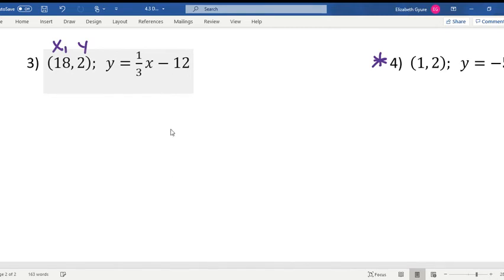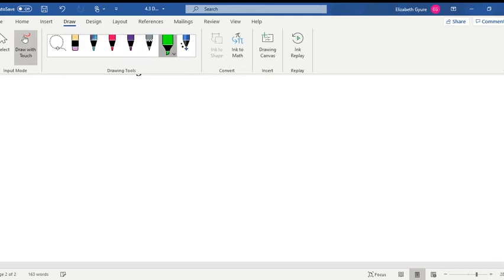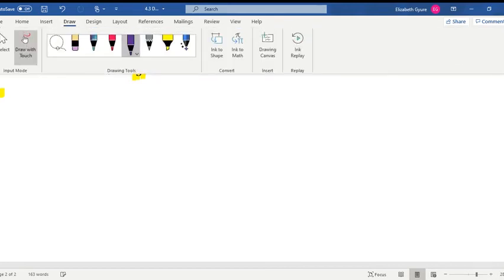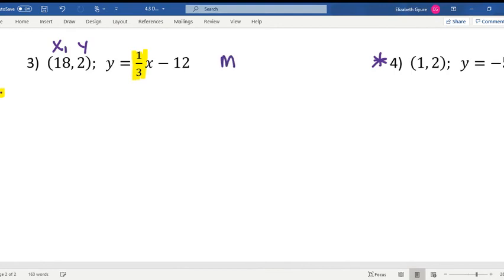So for this one, what is our slope of this line that I give you, Annalise? 1/3. And we're writing the equation of a parallel line, so we want to use that same slope. So we are going to use m equals 1/3, and then plug into y minus y1 equals m times x minus x1.